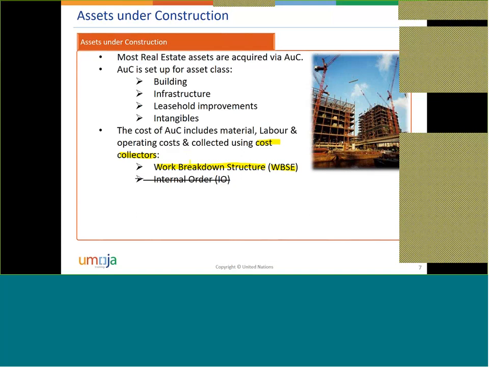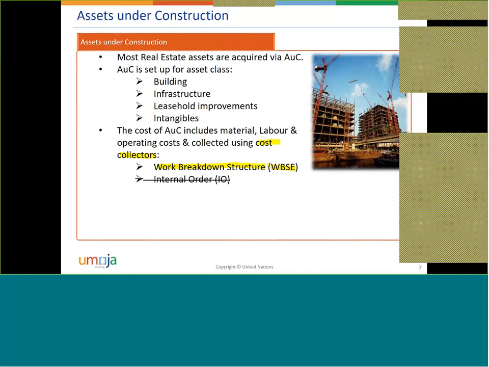And you see now that this is crossed through, because instructions from New York budget arrived to let us know that any new asset under construction project has to be supported using Project Systems and work breakdown structure. So no more internal orders for new assets under construction. All right, this is something that may be new to the people that attended previous sessions.